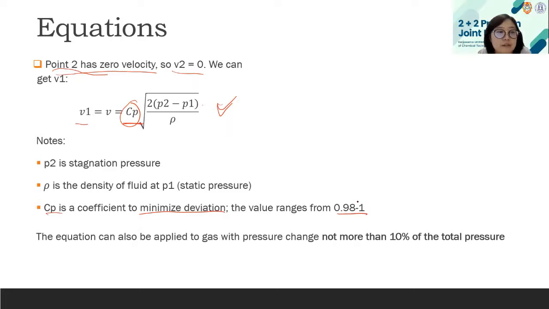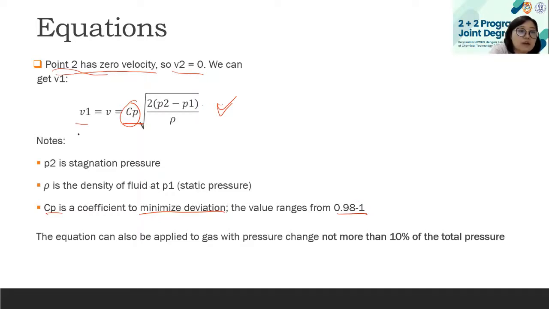So CP is the coefficient to make up for friction loss, skin loss, etc., and to minimize the deviations in the calculation.